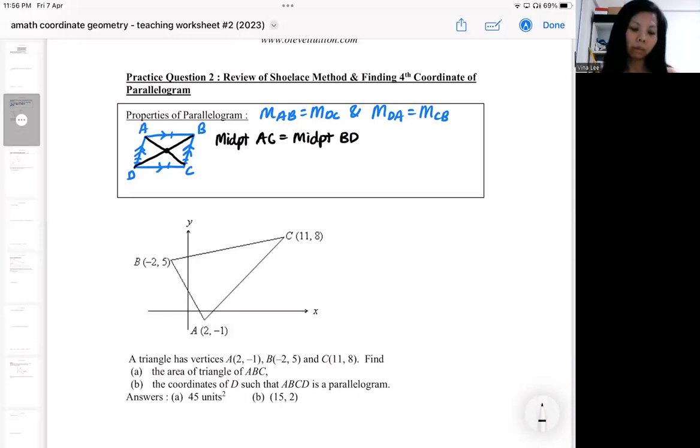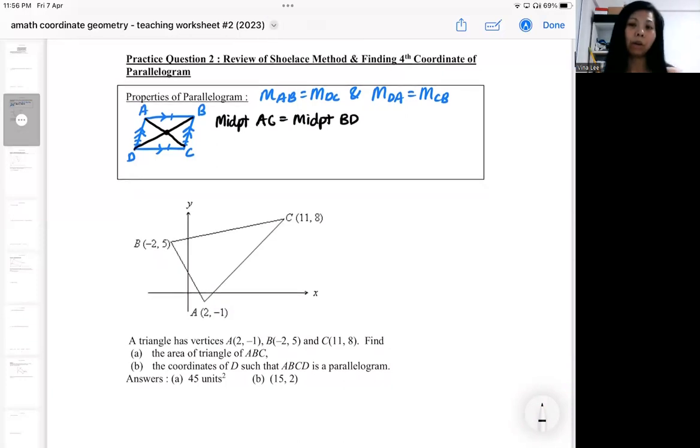Sometimes some students don't arrange the alphabets correctly, then they get the wrong midpoint. So this is one of the things that you will need to understand if you need to use this when you're finding the fourth coordinate. We already mentioned it in the previous teaching worksheet, so I'm going to re-emphasize it in this property of the parallelogram.